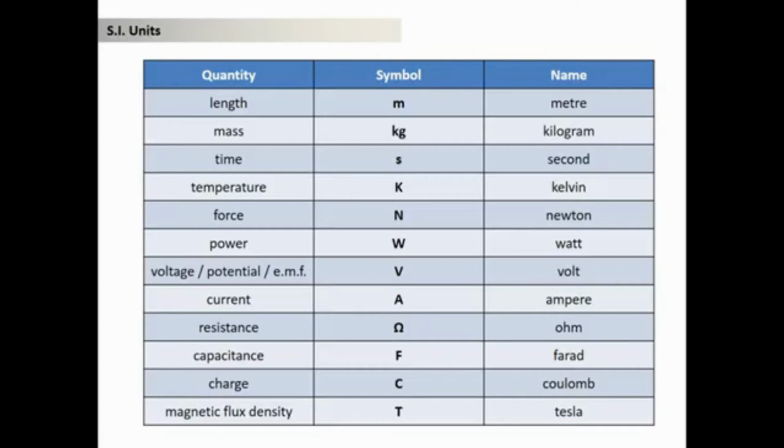So if you have a quantity of, for instance, length, the name for it is meter, and the symbol for it is m. Mass is measured in kilograms or kg. Time is measured in seconds or s.